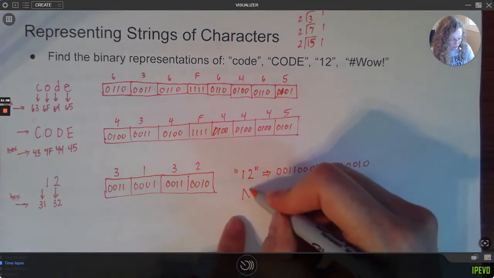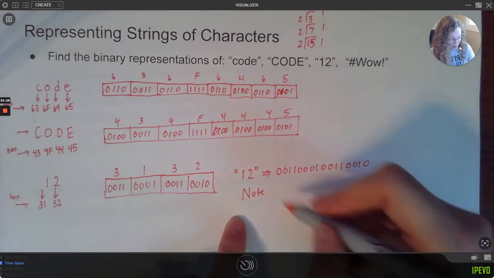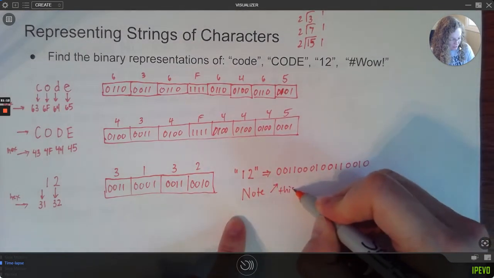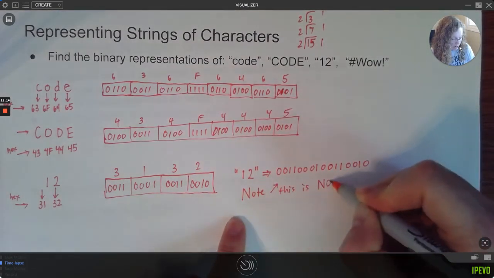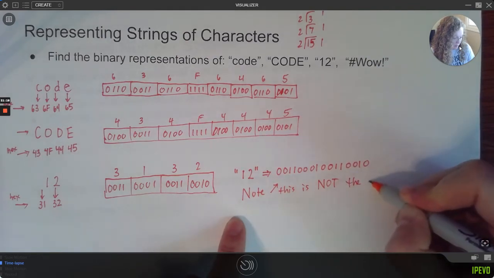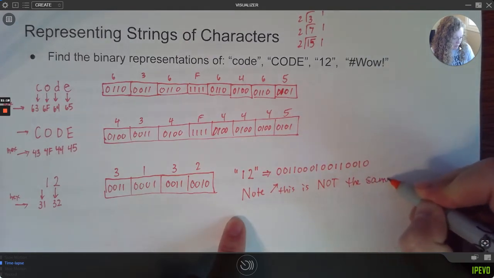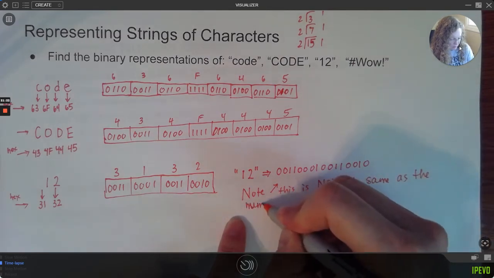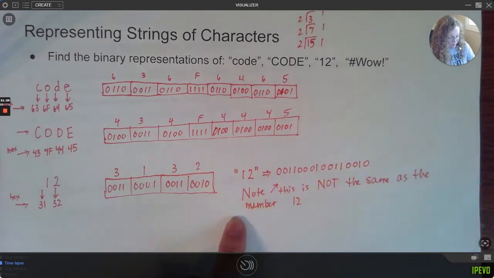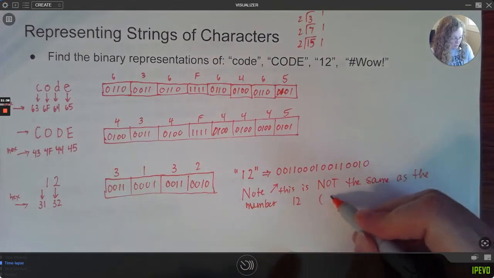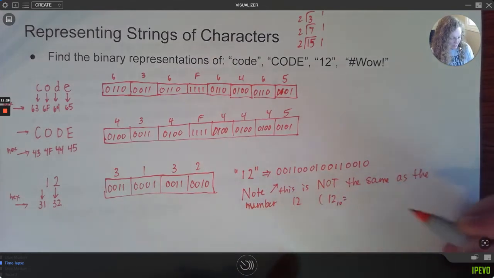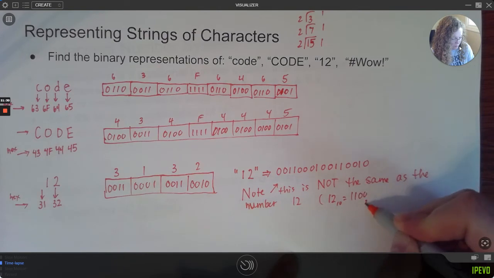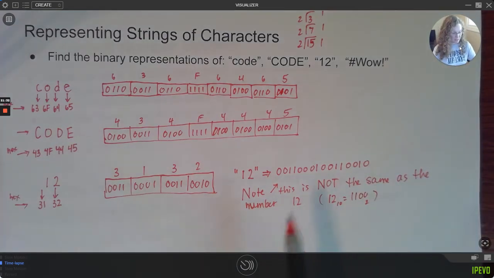So one thing to note, okay, this is absolutely not the same as the number 12. Because note 12 in base 10 would just be 1, 1, 0, 0 in binary. This is not 1, 1, 0, 0 in binary.